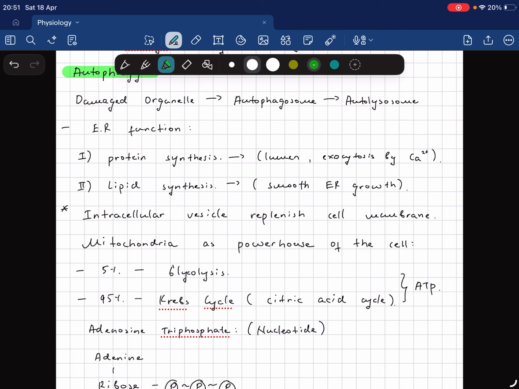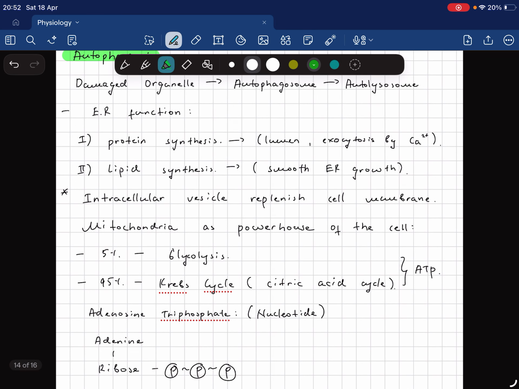Autophagosome means that after you get the damaged organelle, you produce a vesicle surrounding that damaged organelle, and that is called the autophagosome. And after that, it has to combine with the lysosome so that it can be removed or broken down by combining with the lysosome, right?